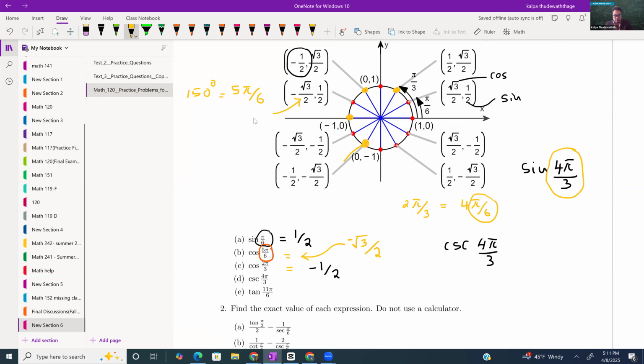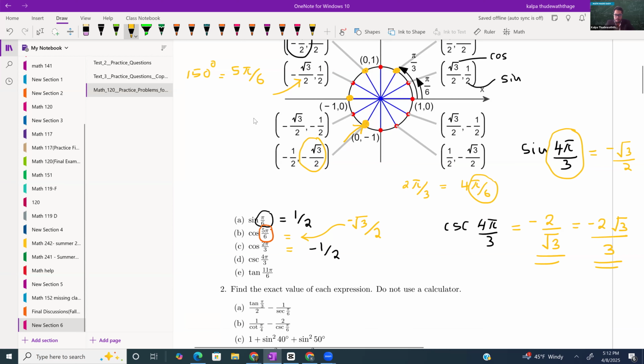So this is the position. So sine is your second coordinate, so you get negative root 3 over 2. But if you need cosecant, cosecant is 1 over sine. So it's negative 2 over root 3. You can keep this one without rationalizing the denominator. But if you want to rationalize the denominator, it would look like this. Both can be considered as answers.